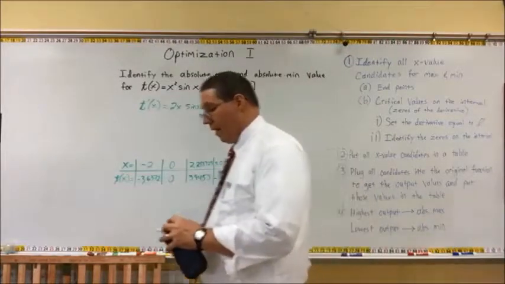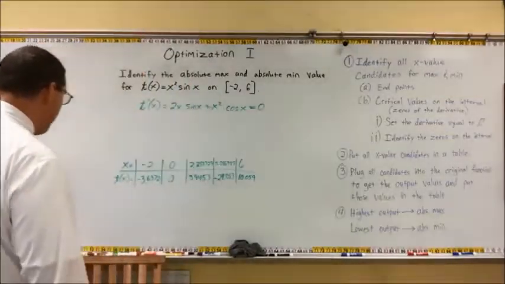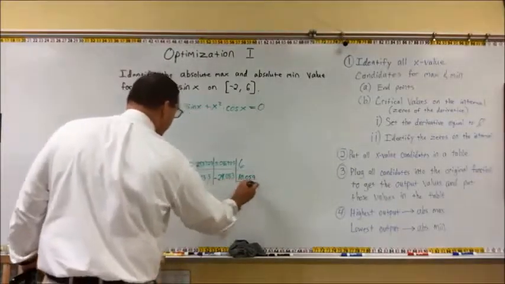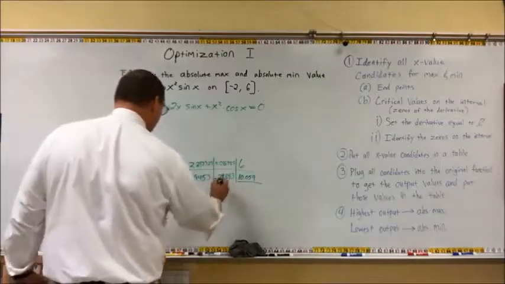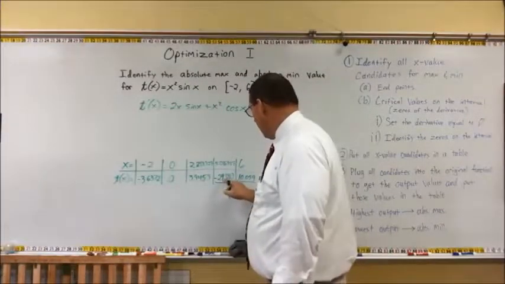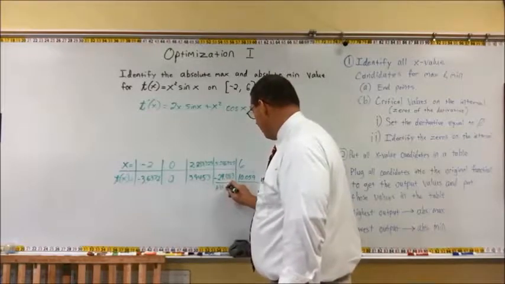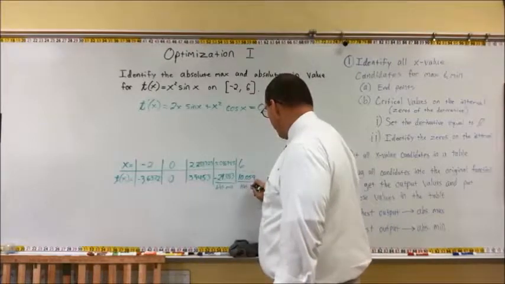And now I just need to identify the absolute maximum and the absolute minimum. It looks to me like the largest value of all these is this over here. That's the largest. And the smallest value to me looks like this one right here. So this x value and this output value, this is my absolute minimum, and this is my absolute maximum.